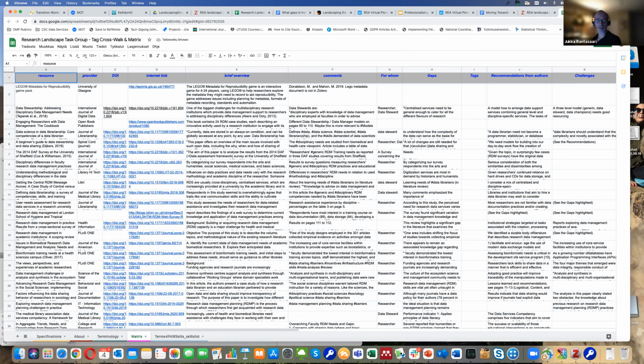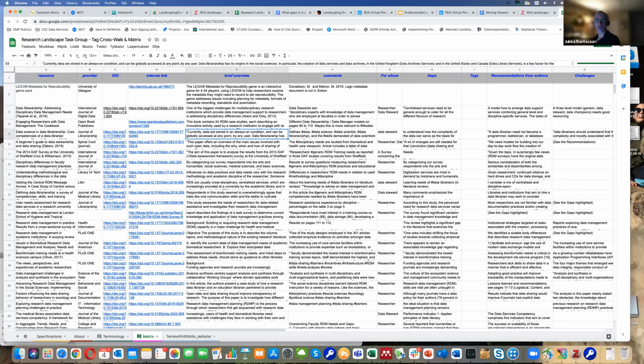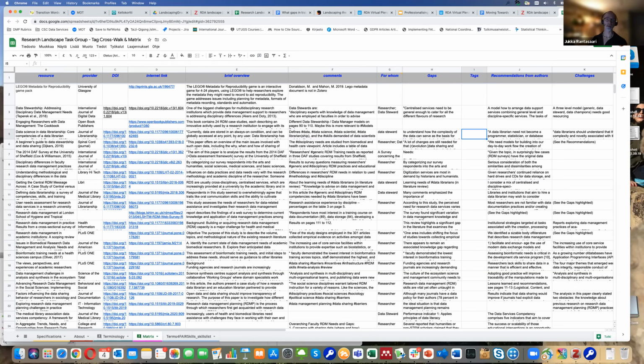Our comments: is the source focusing on data stewards or researchers, RDM needs and tools? What kind of gaps has the source identified? What kind of recommendations are the authors of the sources giving, and what kind of challenges have the authors recognized?